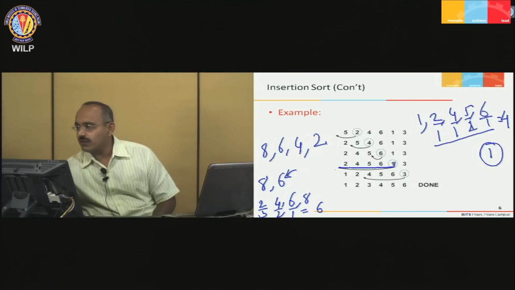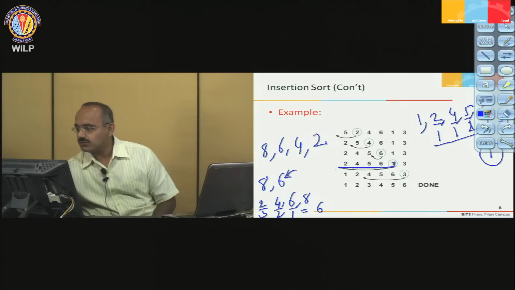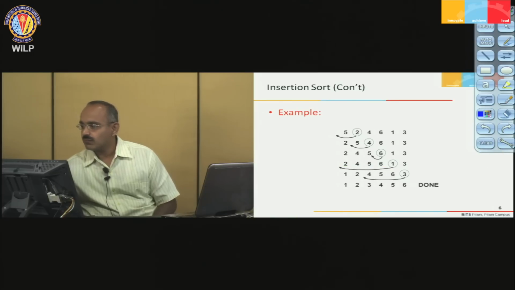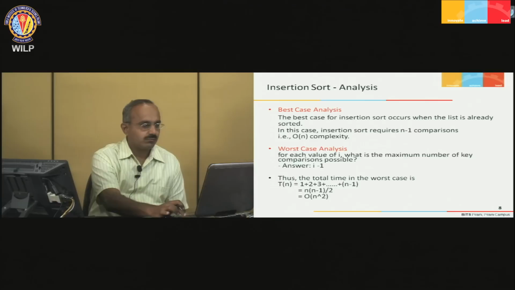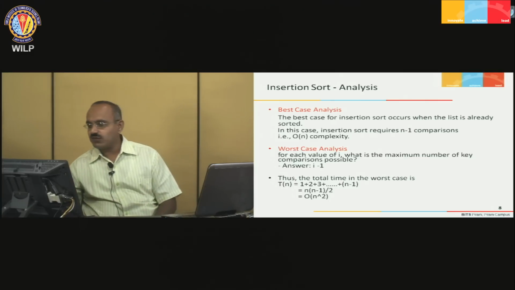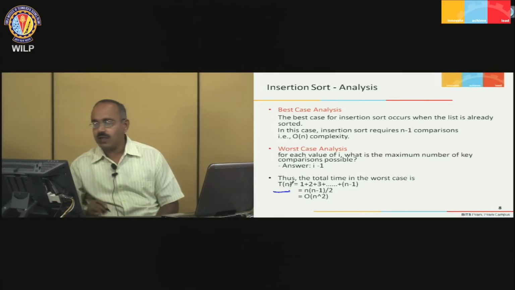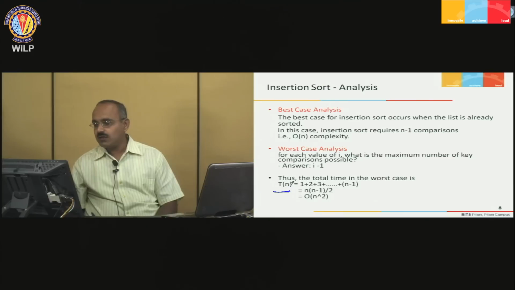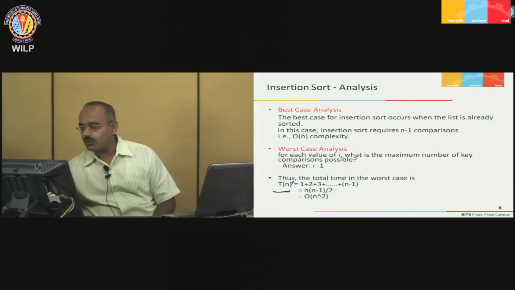Now, let us try to abstract this to a general formula. This is the worst case. If T(n) represents the time taken to sort n numbers, then in the worst case, for inserting the first element it is 1 comparison, second 2, ith will be i, and for the last element it will be n minus 1.